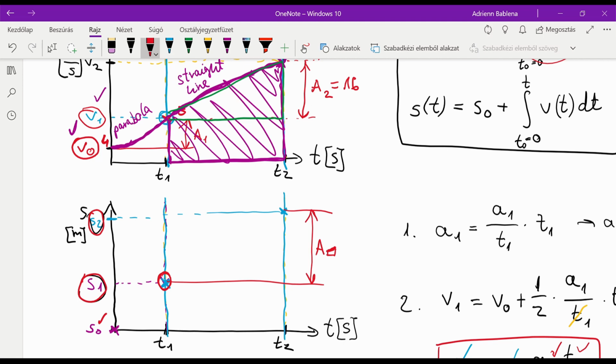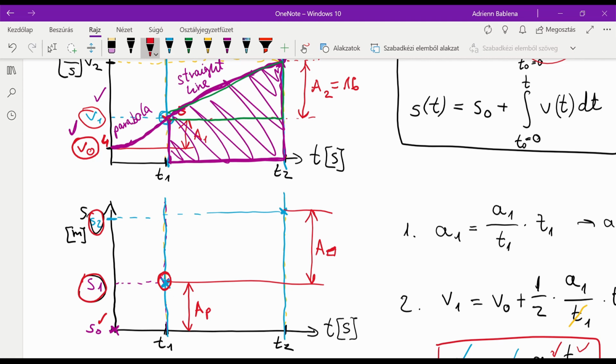And then the distance between S1 and S0 is the area which is under the parabola. Let's write AP, like area under the parabola.